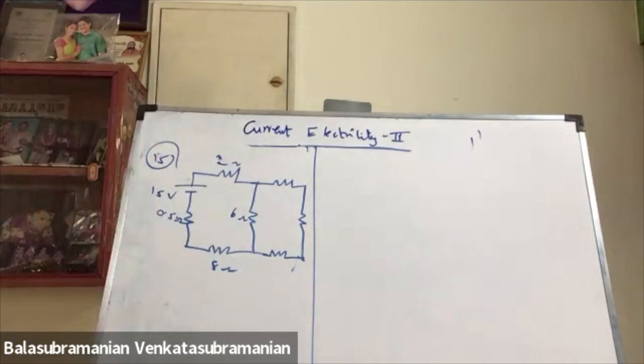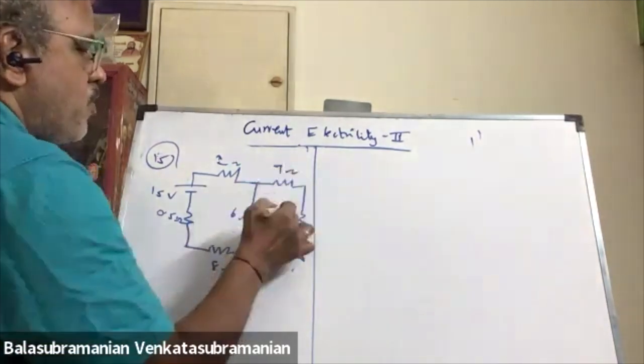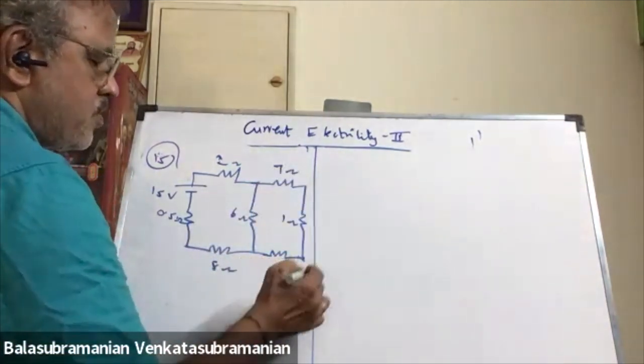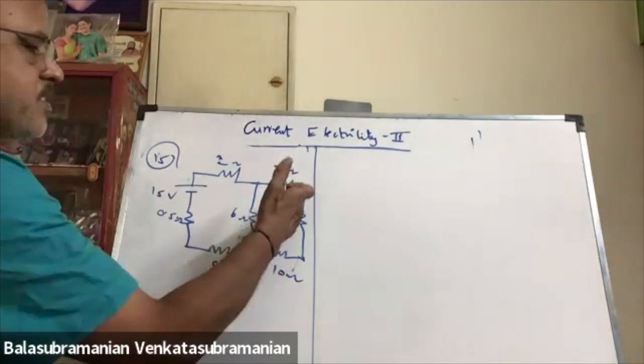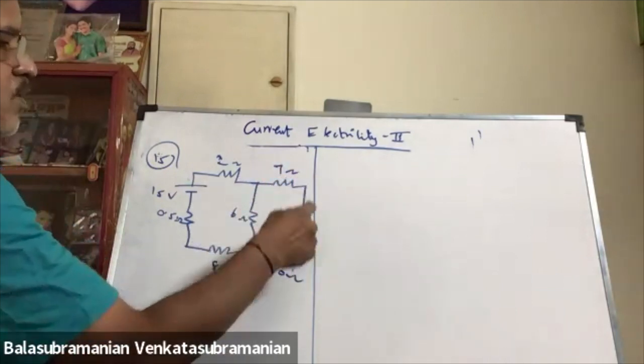There are 7 ohm, 1 ohm, 10 ohm. These three are in series: 7, 1, 10.